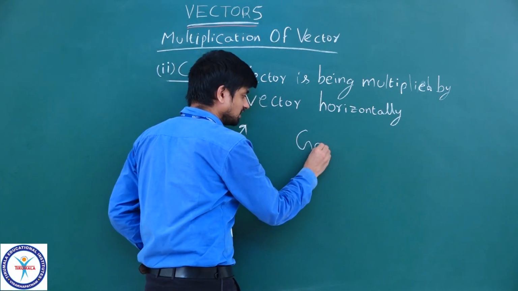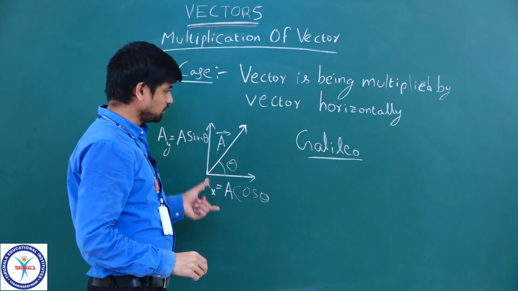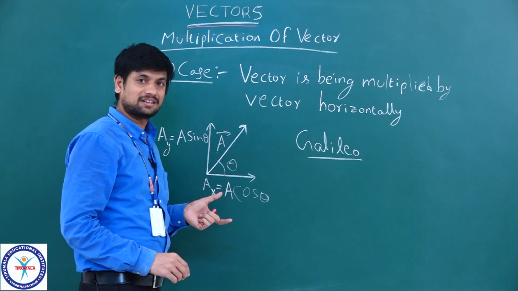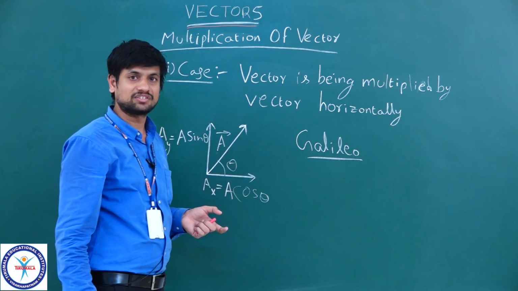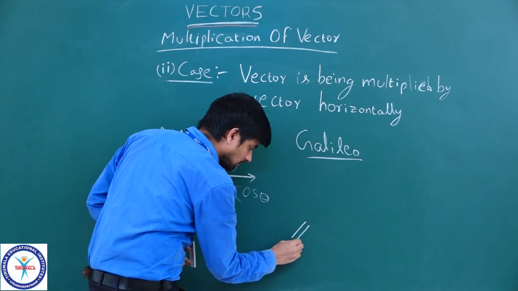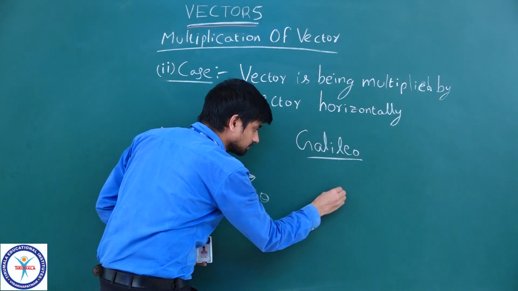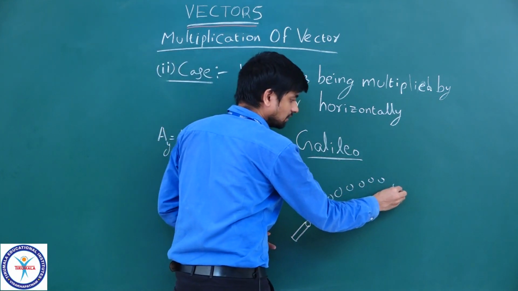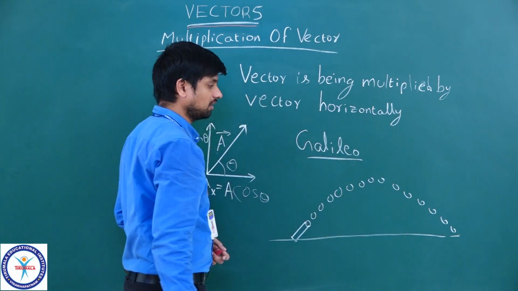Using this resolution of vectors concept, he explained why a projectile comes down again after it is projected. You project a ball or a missile, it follows this path, reaches maximum height, and after that it falls on the ground.